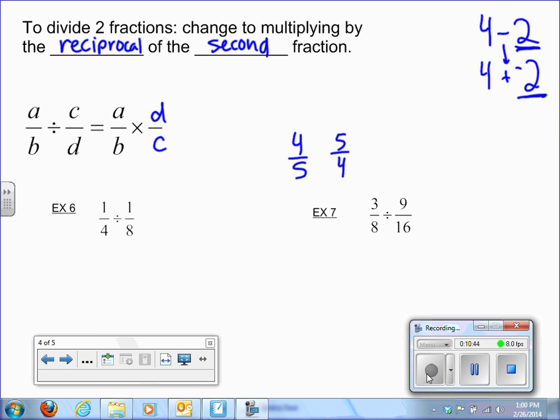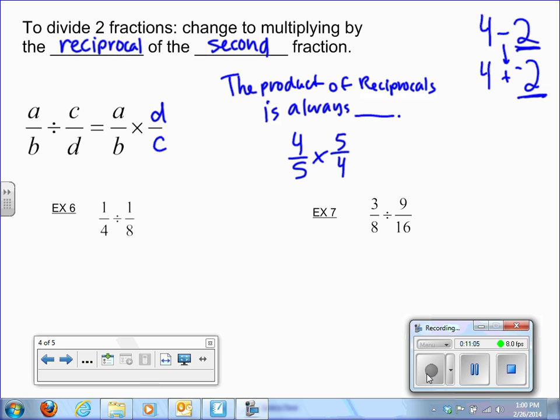Okay. Now let me tell you something else about reciprocals. And I want you to write this down. The product of reciprocals is always something. Don't write something. If I were to multiply 4/5 times 5/4, what would we get, Marissa?